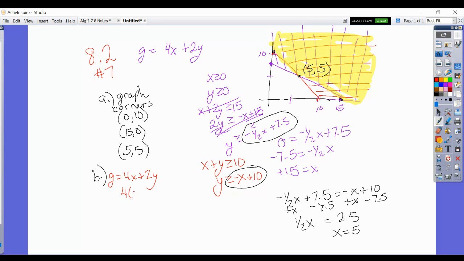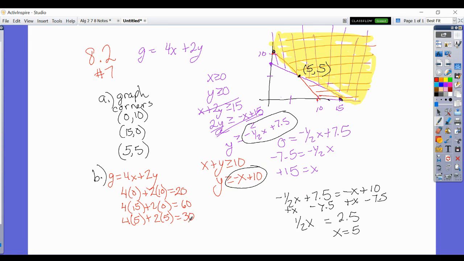When I plug in a 0 and a 10, I get 20. When I plug in 15 for x and 0 for y, 4 times 15 is 60. And in the third one, it's 4 times 5 plus 2 times 5. So that's 20 plus 10, which is 30.